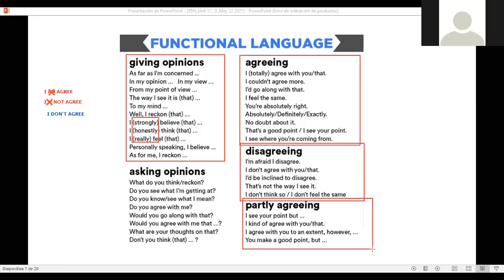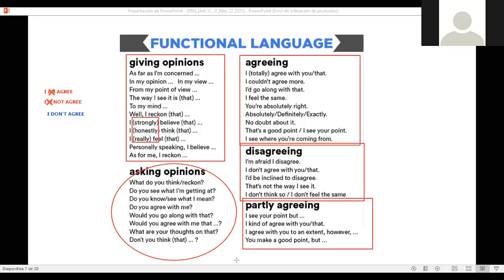Asking opinions. Well, this is not like the main point of this class, but it's good that you know how to ask for opinions. So here we have just a few expressions in order to ask for someone's opinions. For example, do you know what I mean? ¿Entiendes lo que quiero decir? Do you know what I mean?